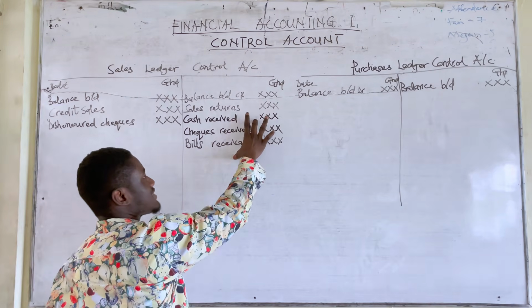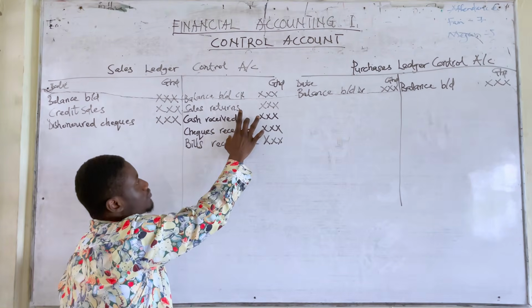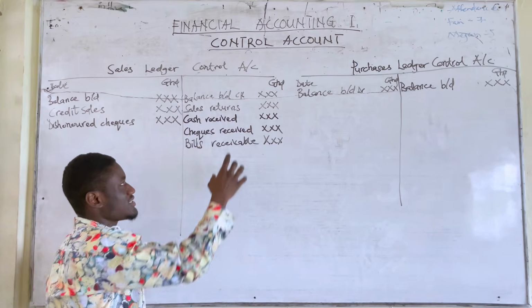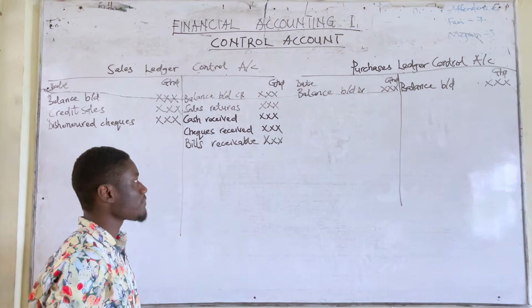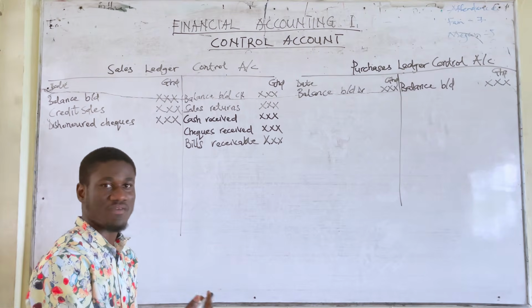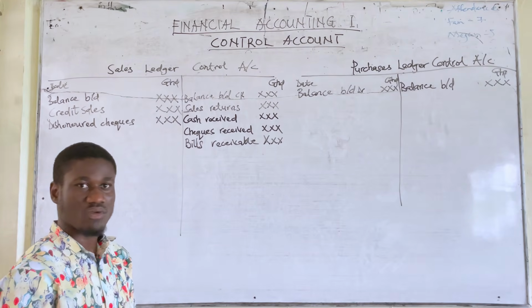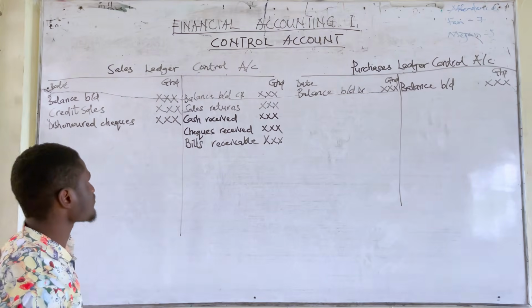So as this check received is decreasing the amount you owe us, now your check has been dishonored. Dishonored. That means it has been rejected due to some reasons. Okay, maybe wrong signature, wrong tallying of amount in words and figures. You get it? So your check has been dishonored.